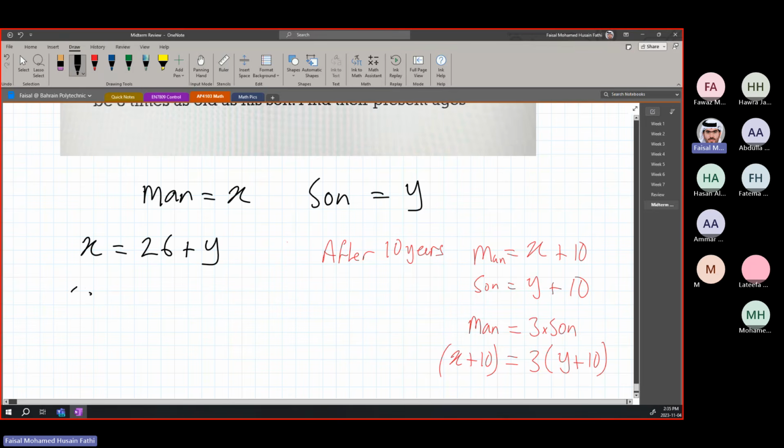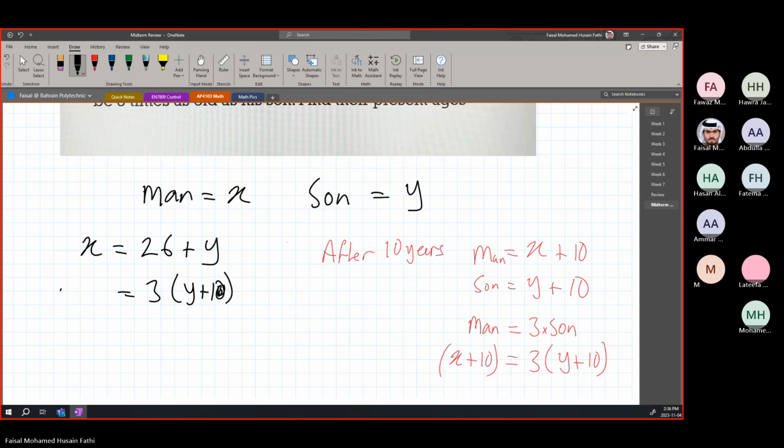Clear? So x plus 10, not x plus y, is equal to 3 times y plus 10.